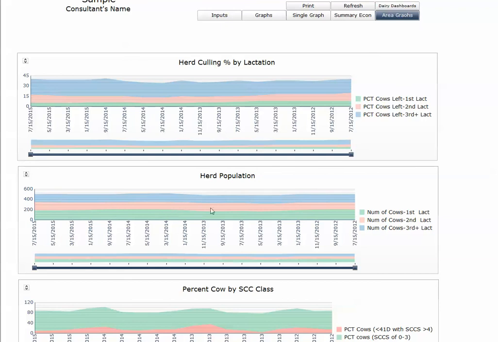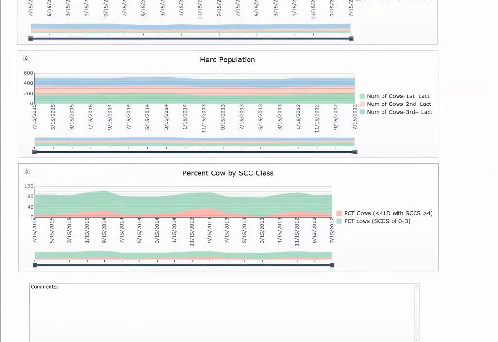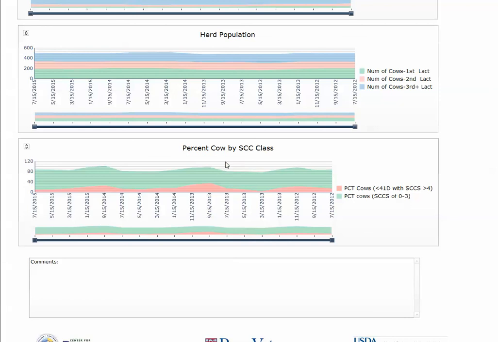And the same thing in terms of the herd population, total number of cows by lactation, and the percent cows by somatic cell count. So here we have cows that are felt to be non-infected because their somatic cell counts are 0 to 3 versus highly infected cows that have somatic cell counts above 4.